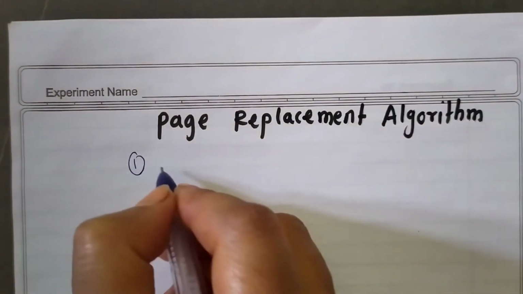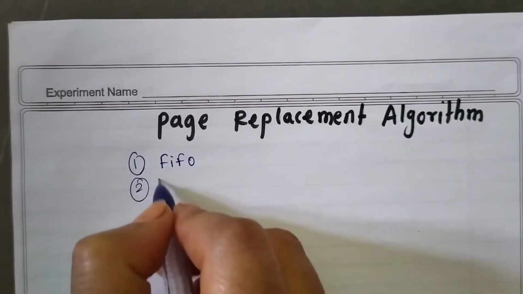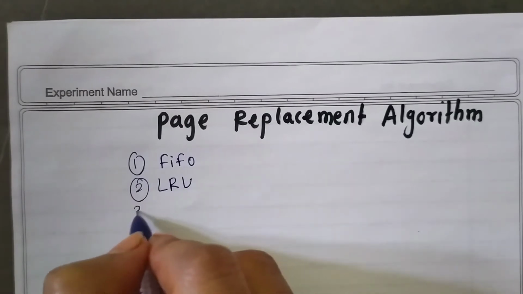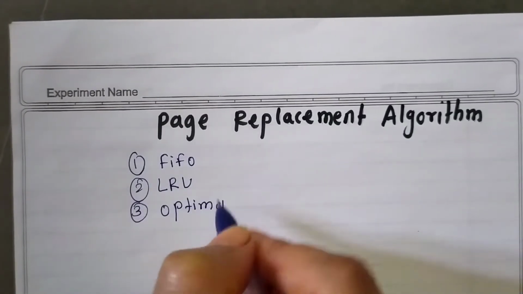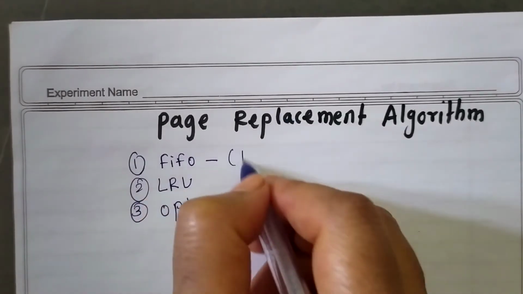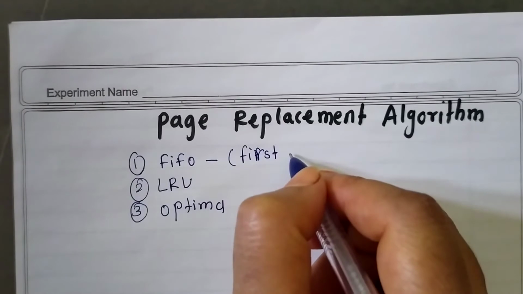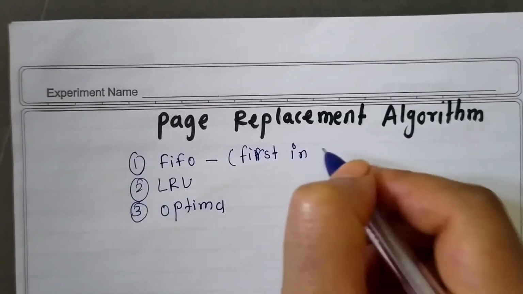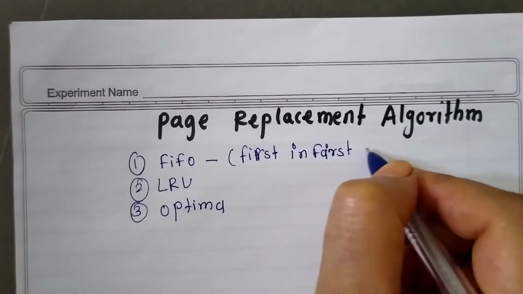The first one is FIFO, the second one is LRU, and the third one is optimal. This FIFO is called first in, first out.